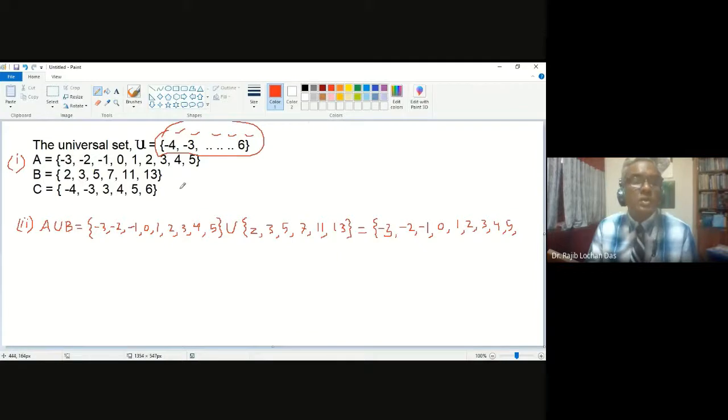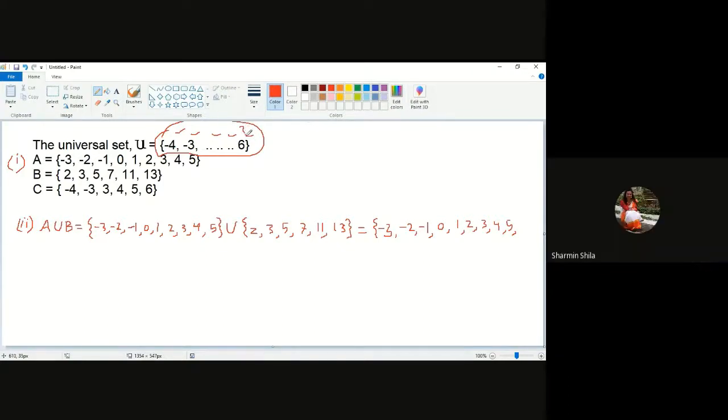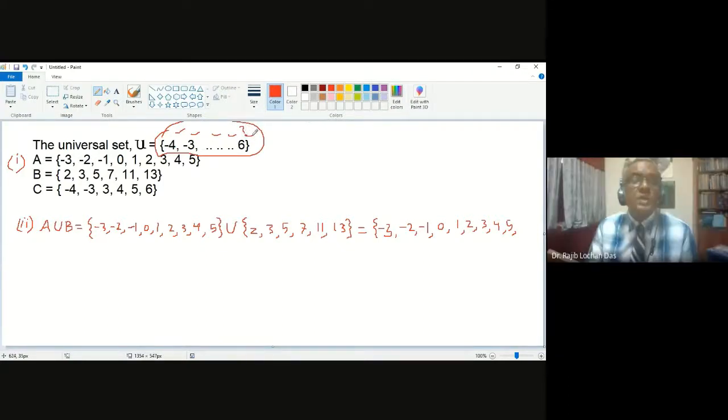So you cannot take 7 also. The universal set is up to 6. If the universal set is up to 6, then you cannot take 7, 11, or 13.